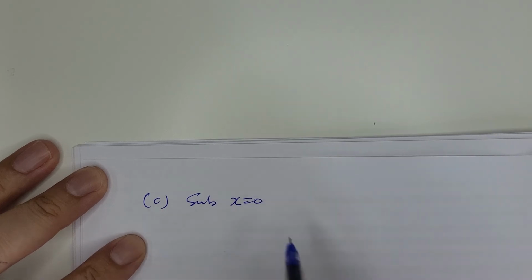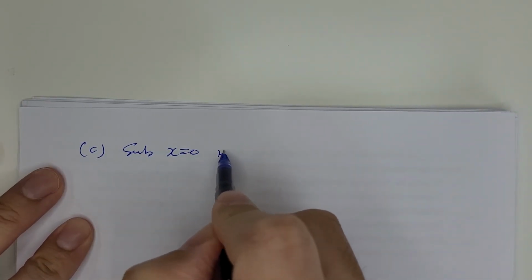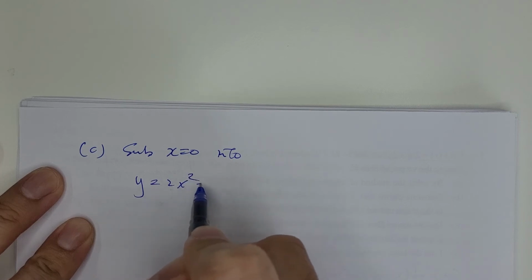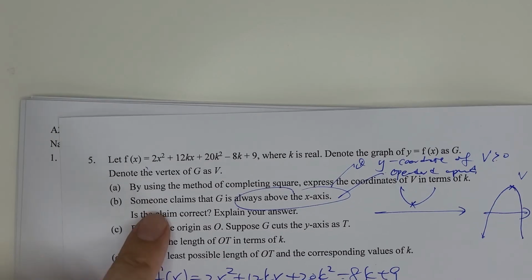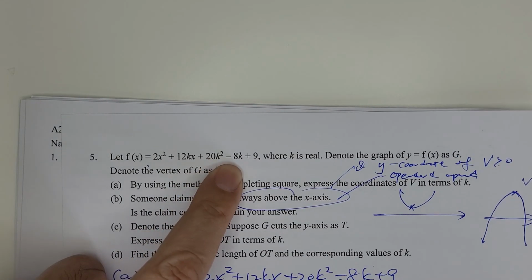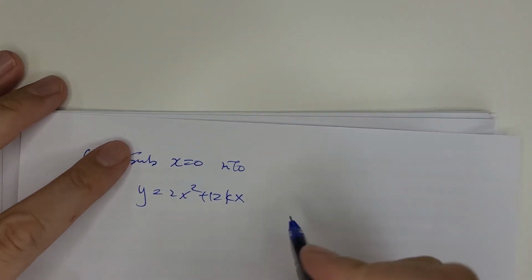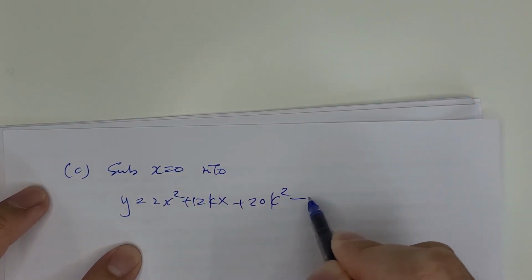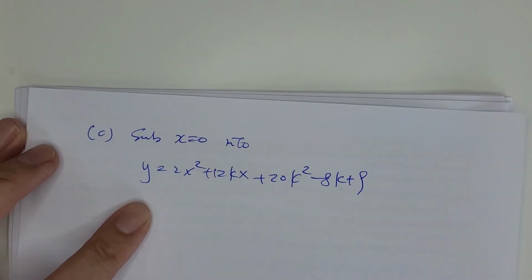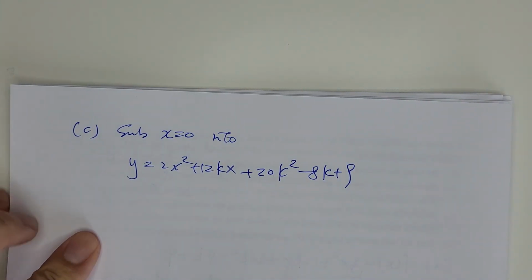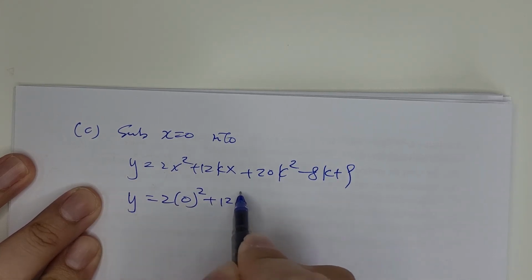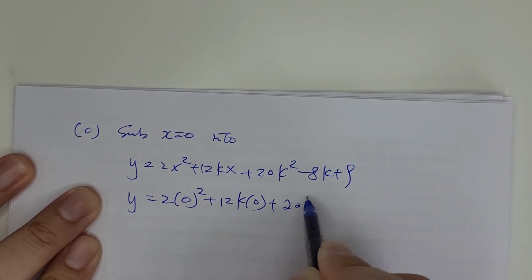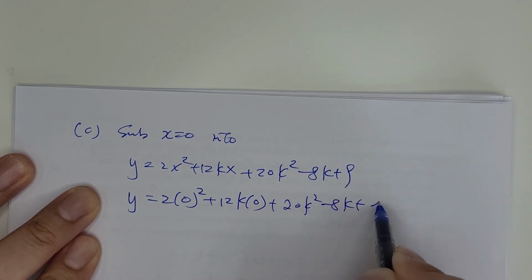So part C, substitute x equals 0 into y equals x squared plus 12kx plus 20k squared minus 8k plus 9. When you substitute x equal to 0, y will become 2 times 0 squared plus 12k times 0 plus 20k squared minus 8k plus 9.